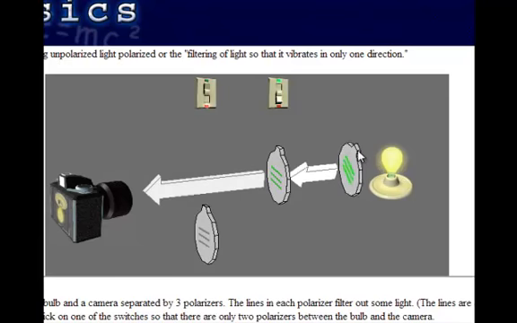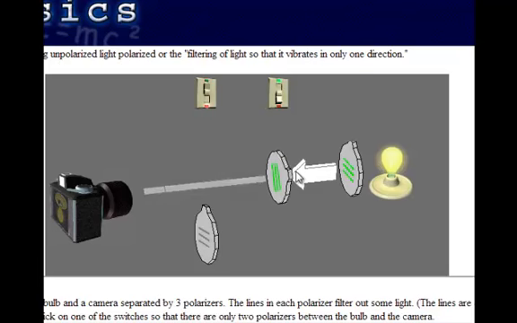Now notice that if I turn the polarizers so that they're parallel to each other, I get to see the image. But if I turn the polarizers in such a way that they're perpendicular to each other, the image goes away.